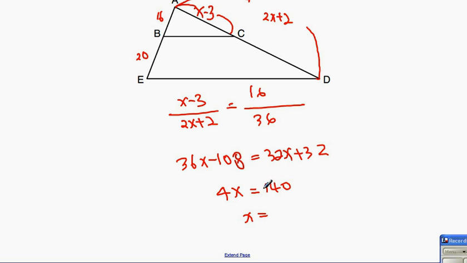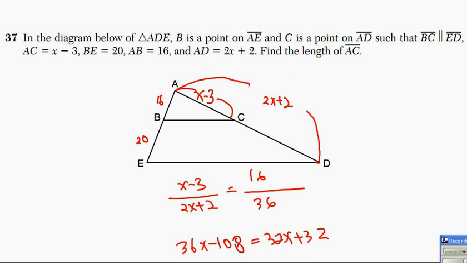So therefore, x must be equal to 35. Yep, that's it. But we are trying to find the length of AC. So from 35, AC will be equal to 35 minus 3, which is equal to 32. All right, there it goes.